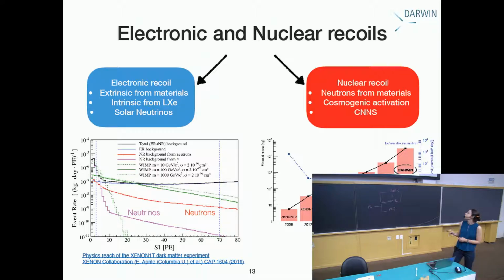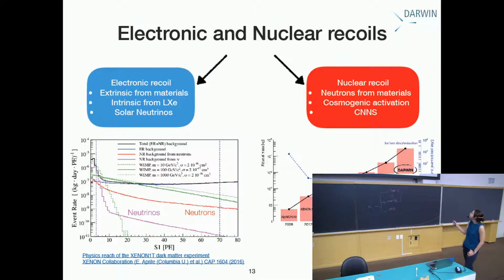So for electronic recoils, what we will have is the extrinsic contamination background from the materials, as well as the intrinsic background in the liquid xenon. And we will also see the solar neutrinos if we aim to explore the entire space. As we can see here, this is the estimated evolution of the background compared with the fiducial mass.